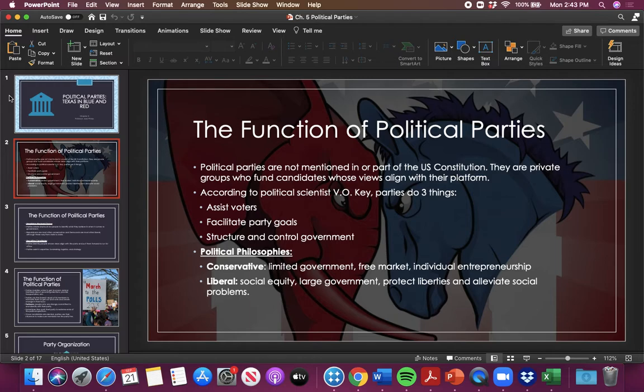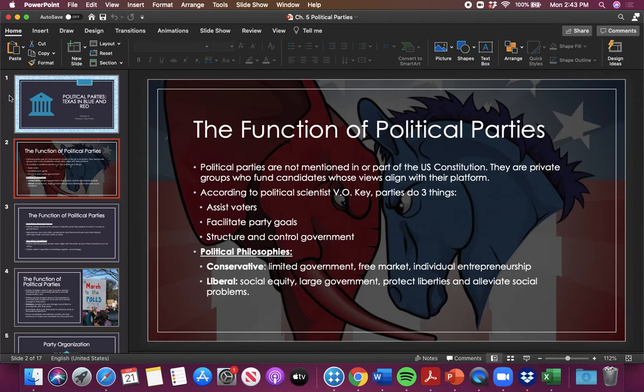And then our two main parties are Republicans, which are represented by the elephant and by the color red, and our Democrats, which are represented by the donkey and the color blue. They do kind of adhere to our main two political philosophies.